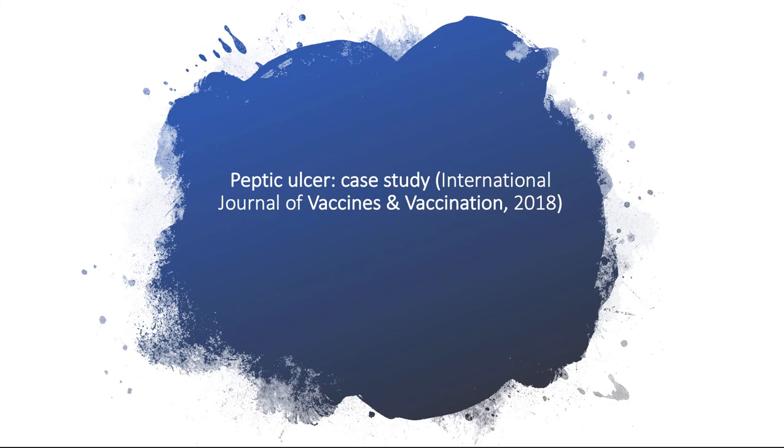He was in his usual state of health 5 days back when he started having epigastric pain. Pain aggravated at night after taking a large meal. He was fond of fried and spicy food. He had a family history of peptic ulcer disease, and the patient denied cigarette smoking.